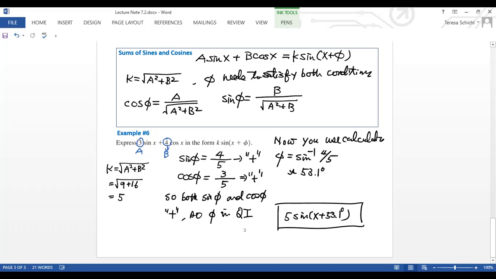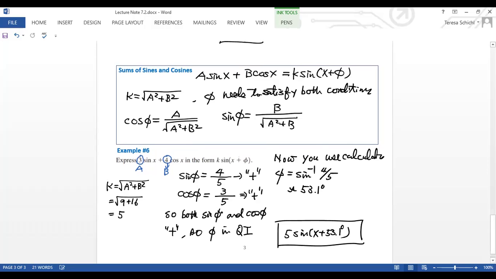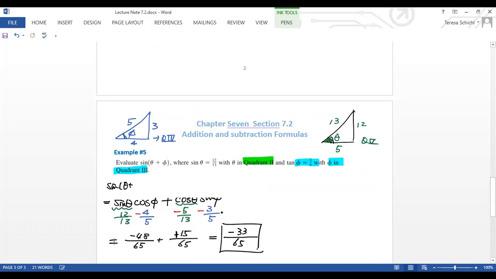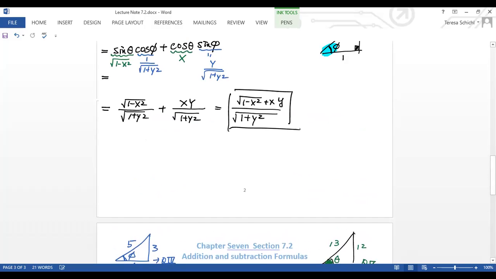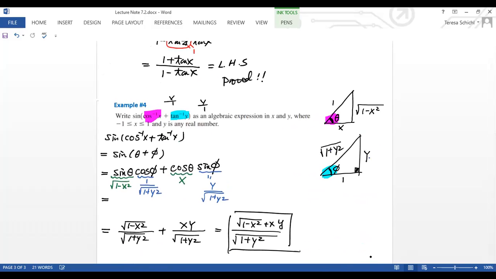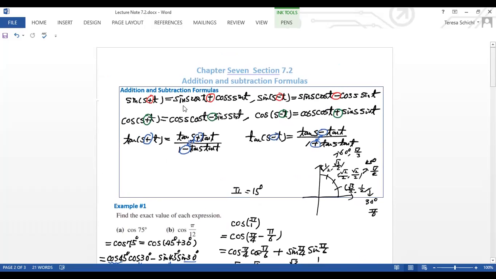That's it, this is the video for this section. The most important formulas we talked about are the addition and subtraction formulas, so be careful about those signs. Sine of s plus t is sine cosine plus cosine sine, and cosine is cosine cosine minus sine sine.